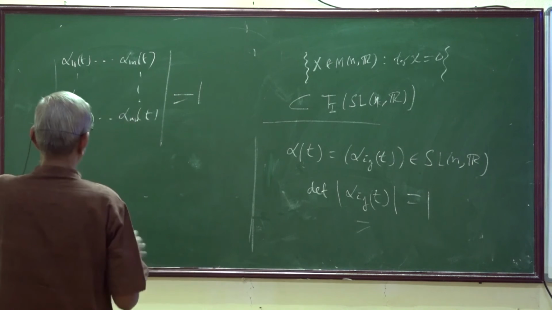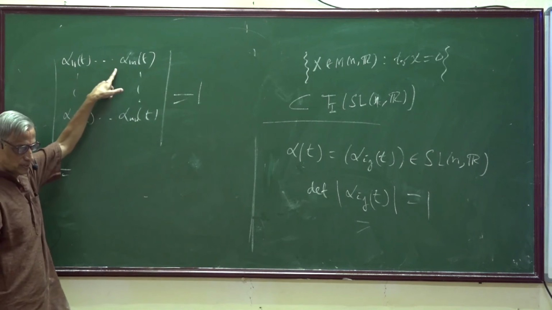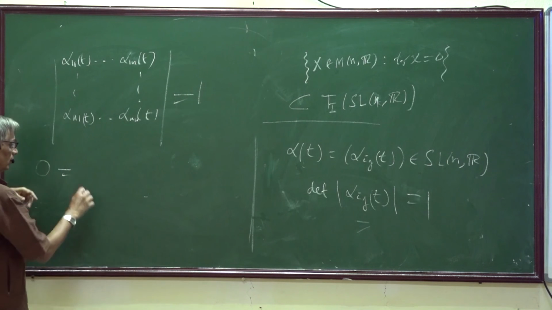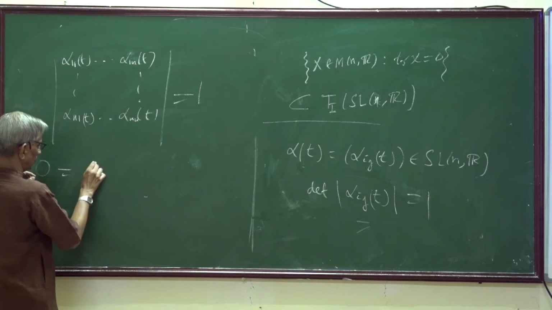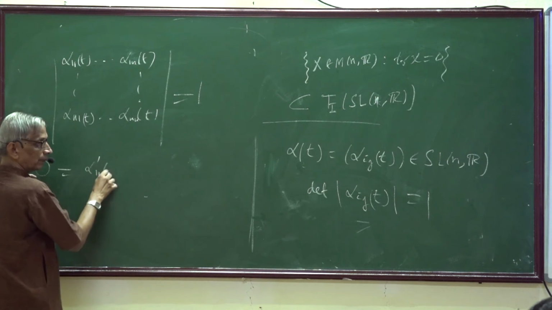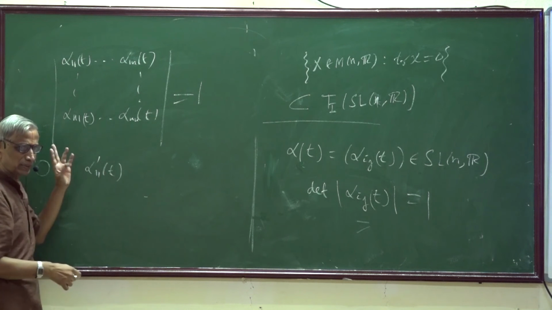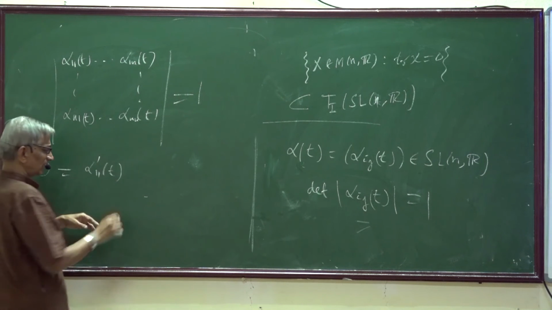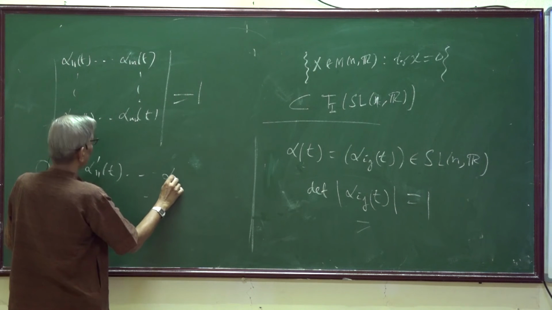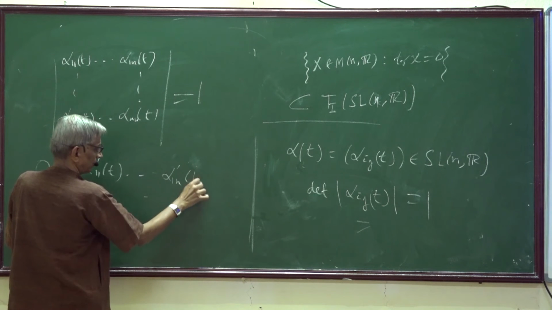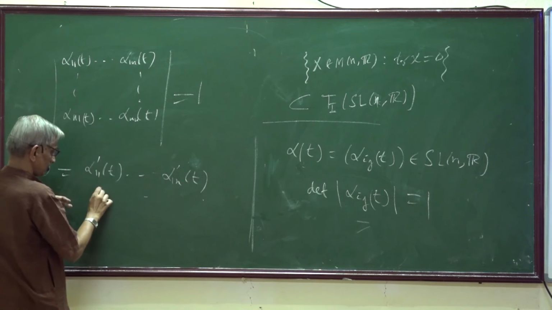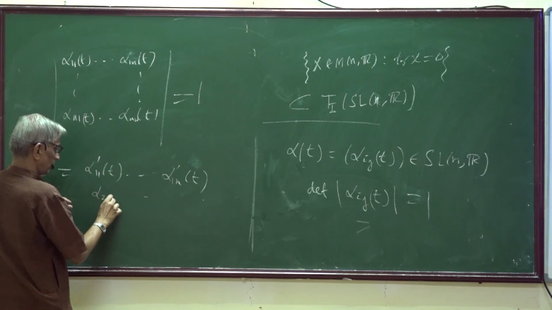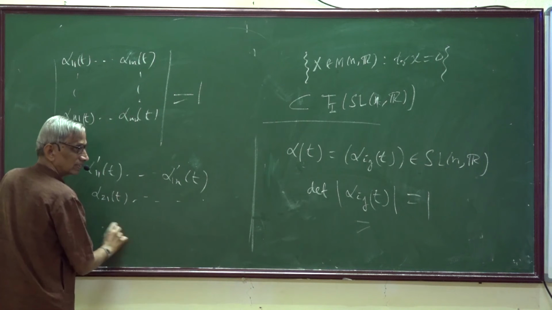That means, first differentiate the first row. So what are you going to get? Alpha 1 1 prime t. Oh, dash, I keep writing dash for dot, okay? Alpha 1 n prime t. And I will keep the rest as they are, as alpha 2 1 t, whatever.